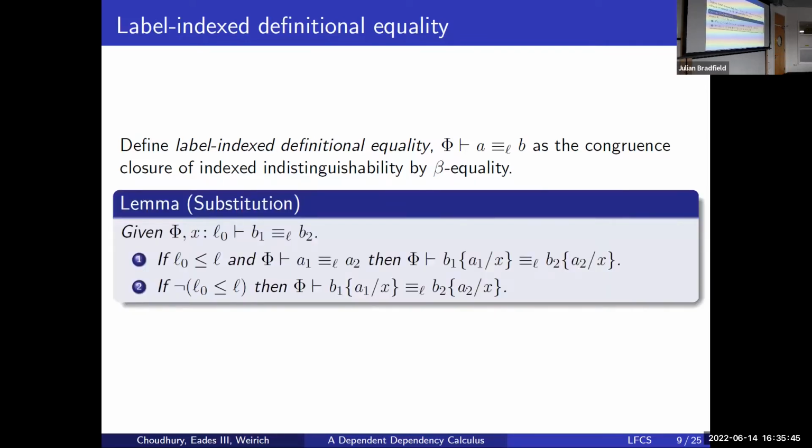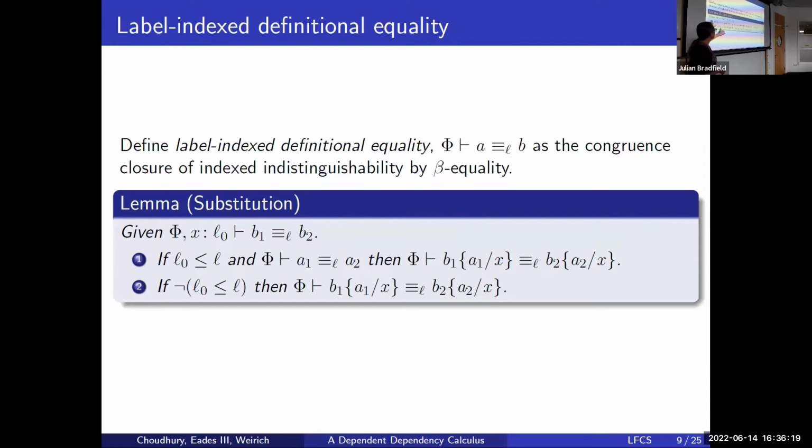Here's what I meant by substitution. I want to make this more concrete in terms of what substitution property this definition of equivalence has. If we have two terms that are related at a particular observer level L, and they have a variable that could appear in one or both of them at some L naught, if that L naught is observable to L, and we pick two related terms at L, we can substitute them in.